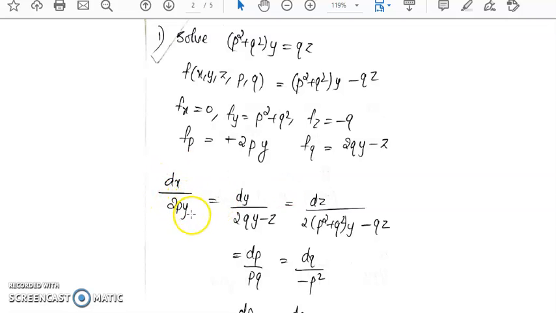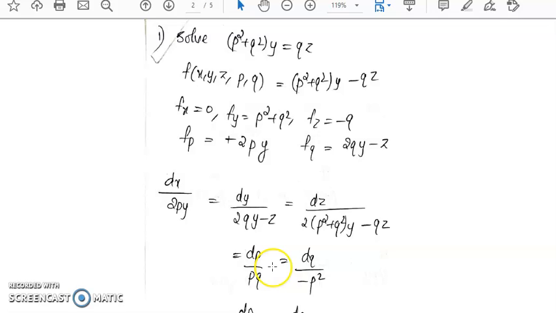So dx by fp is equal to dy by fq equal to dz by pfp plus qfq and equal to dp by minus of fx plus pfz equal to dq by minus of fy plus qfz.